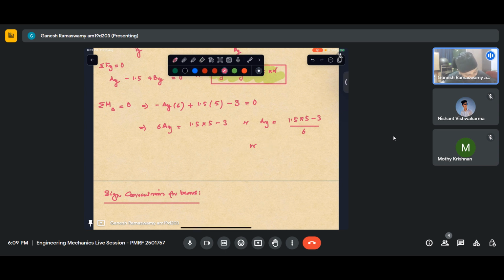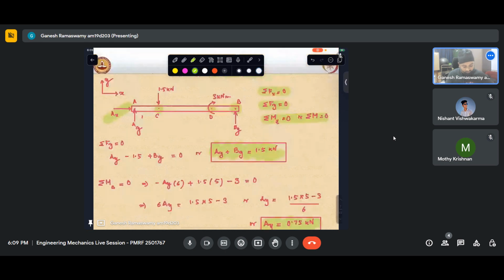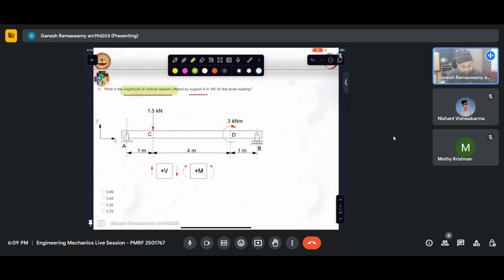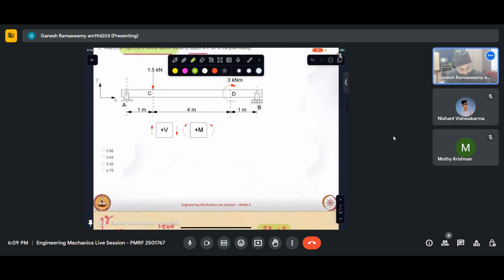So Ay comes out to be 0.75 kilonewton, small k. And we have been asked the question to solve for Ay only. So we can see that our answer is 0.75.